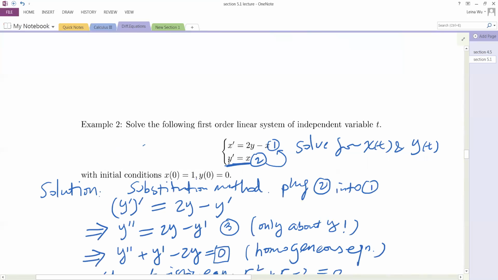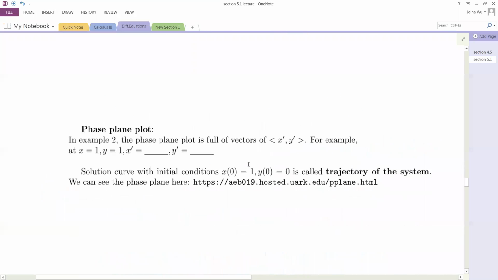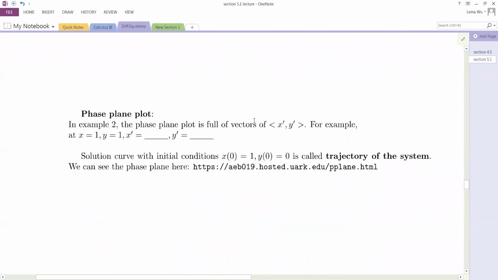The derivative in the y direction will just be x. So the phase plane will just be full of those vectors that contain x prime and y prime. For example, at x equals 1, y equals 1, at that particular point, what's going to be the vector that would be on the phase plane?